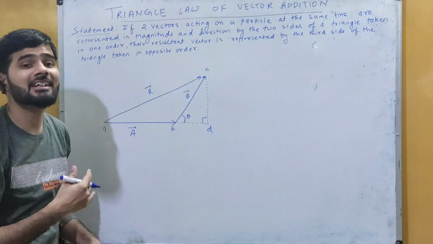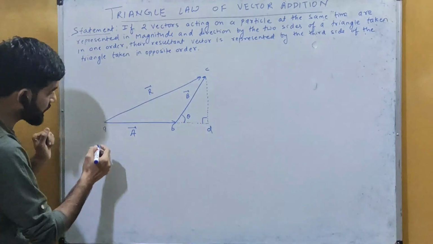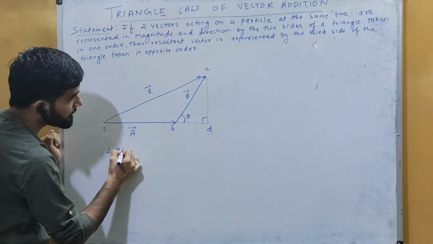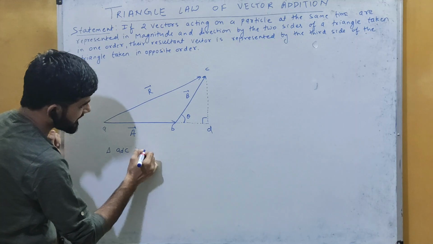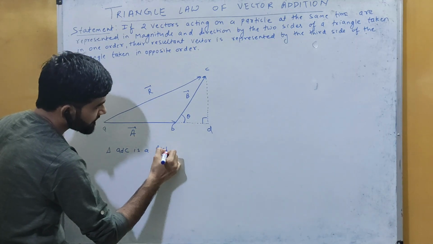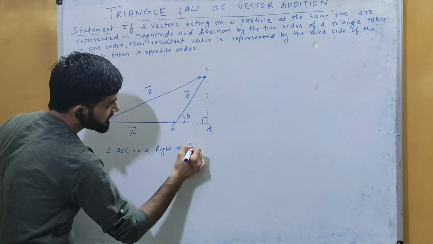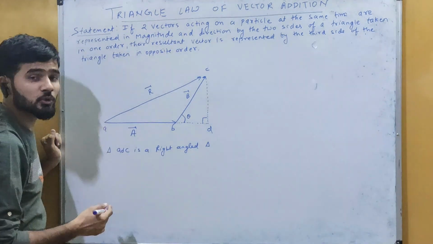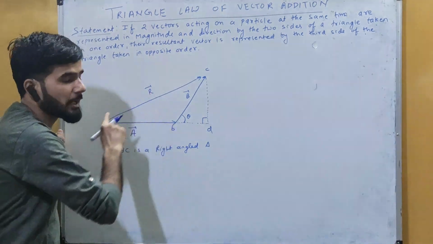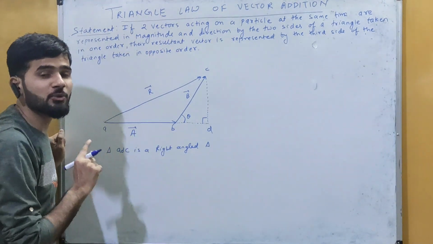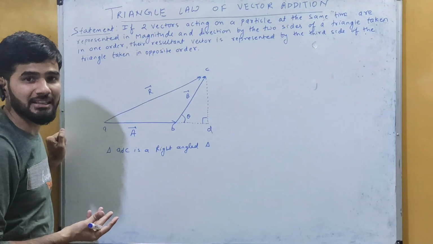Now you can see this triangle ADC becomes a right angled triangle. If I want to find the magnitude of the hypotenuse, can we simply use the Pythagoras theorem?